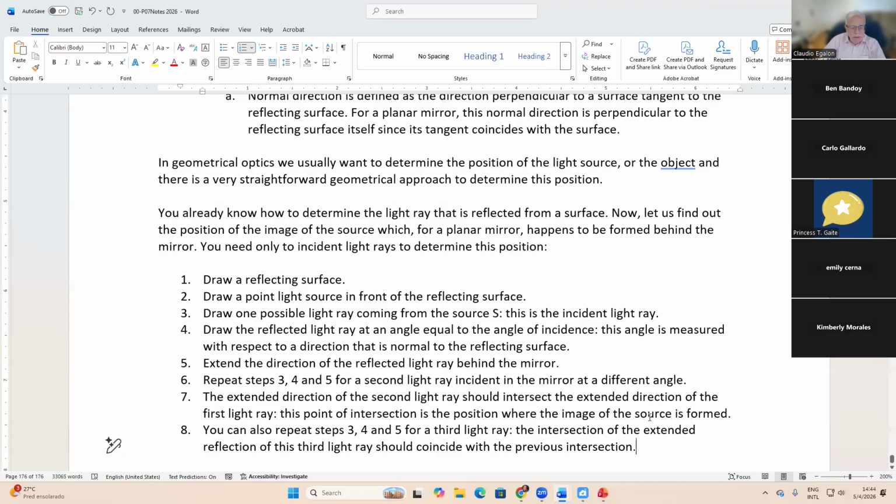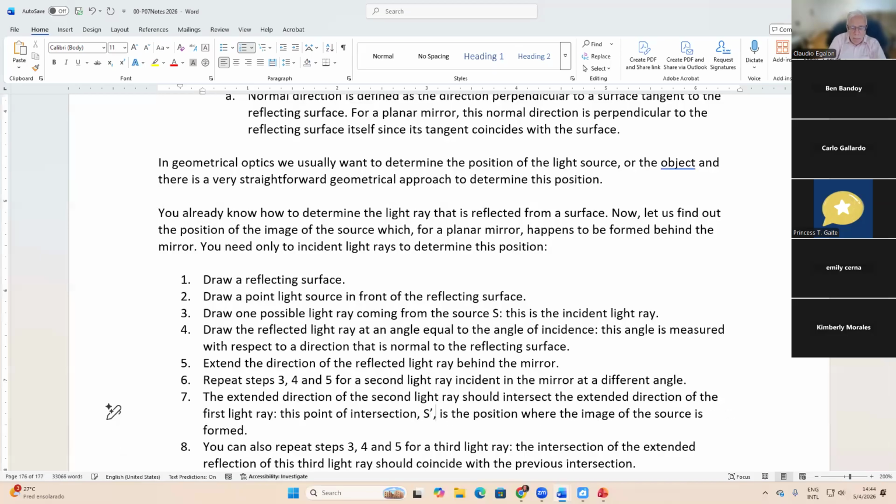Okay, and let's see, the extended direction of the second should intersect the extended direction of the first light ray. This point of intersection, S prime, is the position where the image of the source is formed.